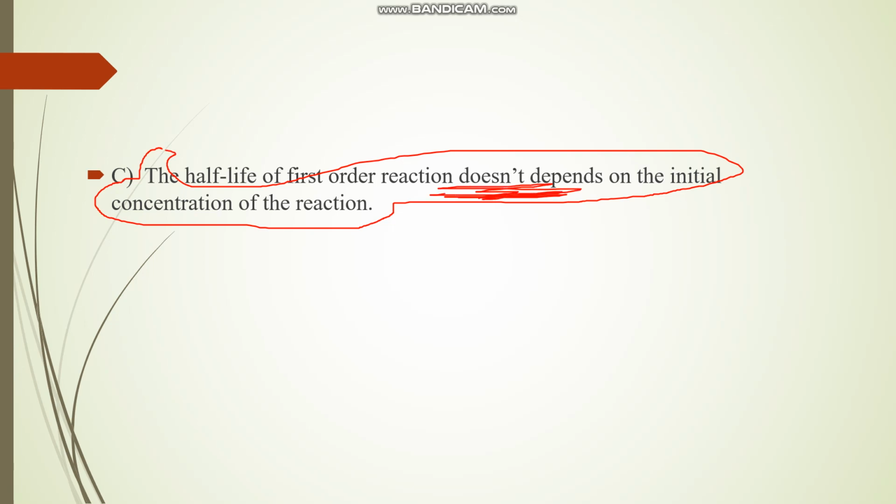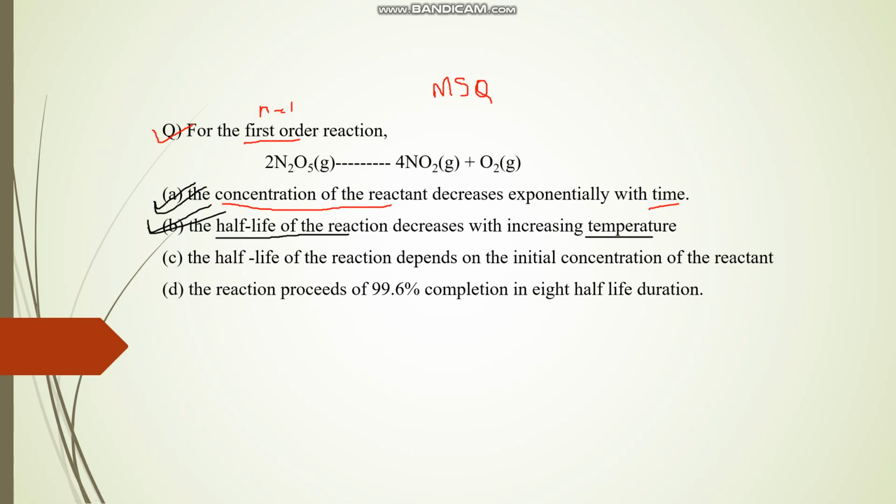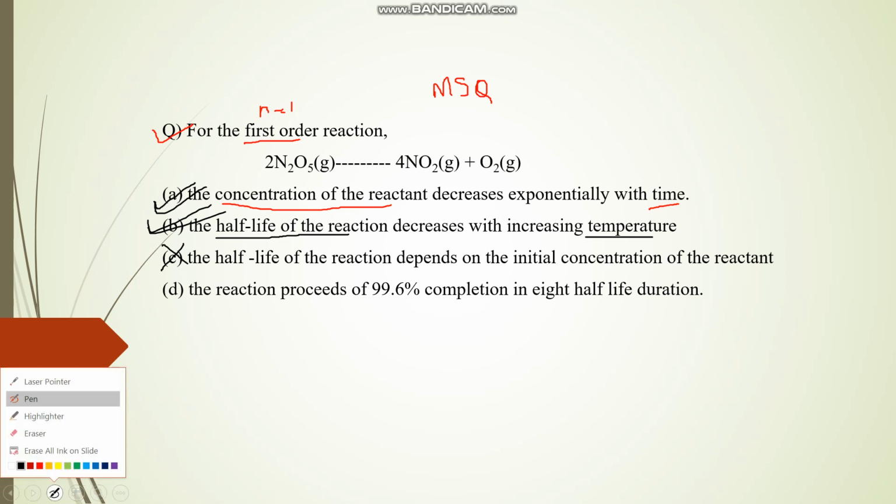So half-life of the first order reaction has nothing to do with the initial concentration of the reactant; it is independent of it. So clearly this option C is an incorrect option.